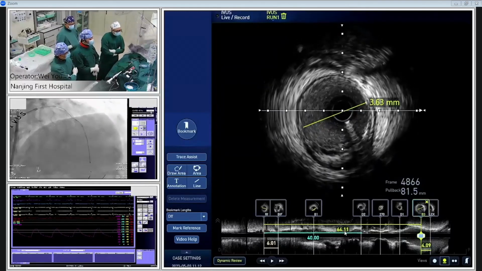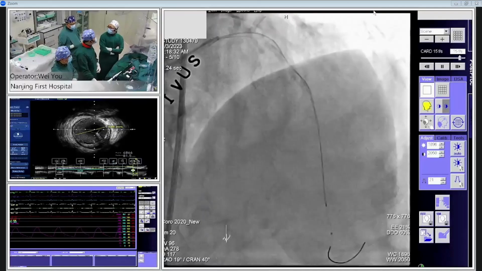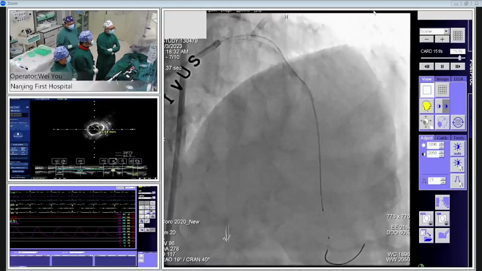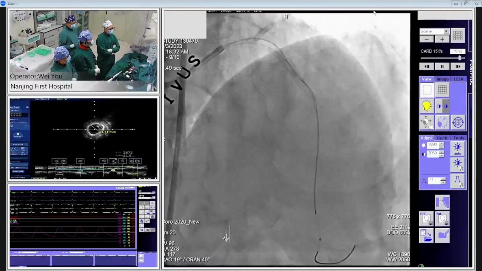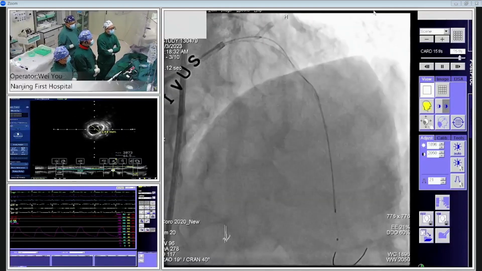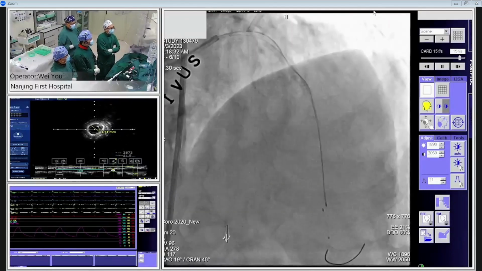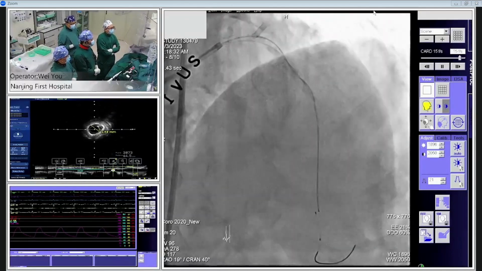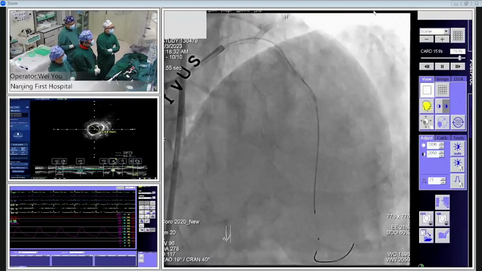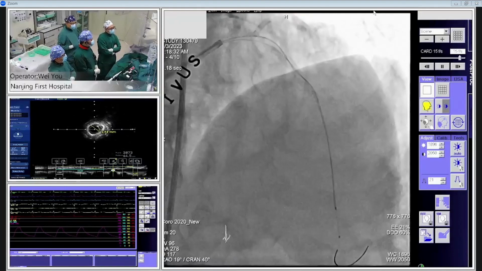Okay, thank you, Dr. Panto. Very clear evaluation. So, Chief, I think from the IVUS imaging, Dr. Panto has interpreted very clearly. It's a very diffuse lesion from the proximal LAD to very distal LAD. But the severe calcification, from the angio and also from the IVUS, is only located at the proximal to mid LAD.